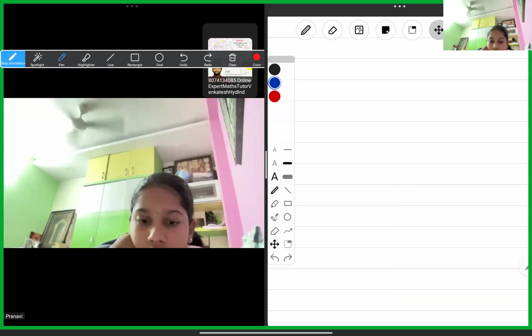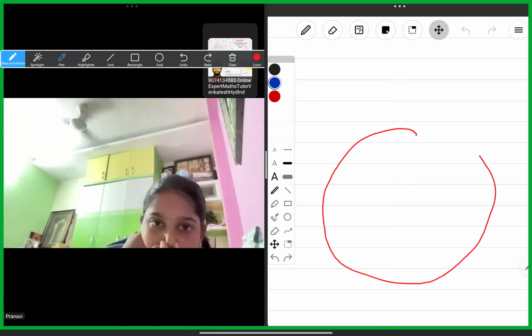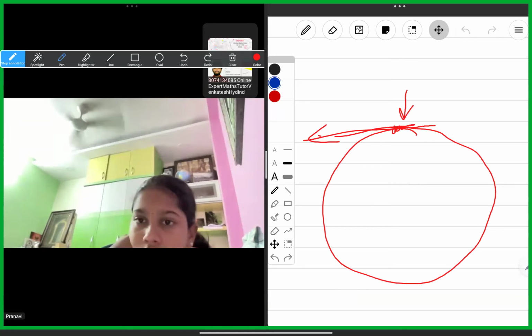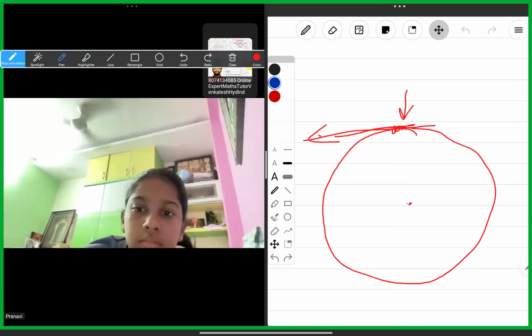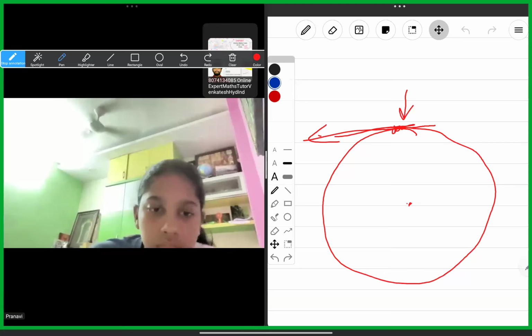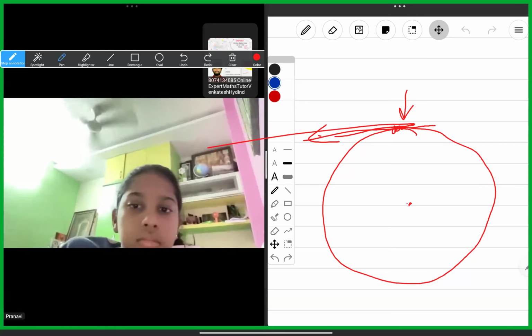Since it is moving, the direction of the speed will be along the tangent. If you draw a tangent at that point, the speed will be in that direction. If suddenly the attraction between the sun and Earth is gone, the Earth will move away.